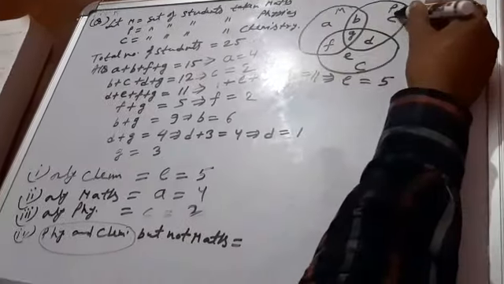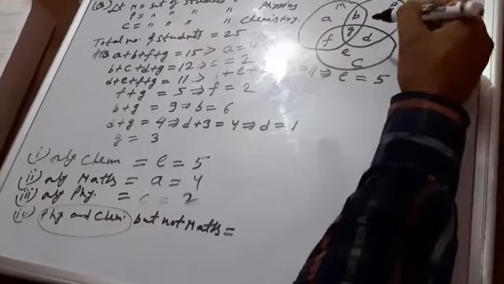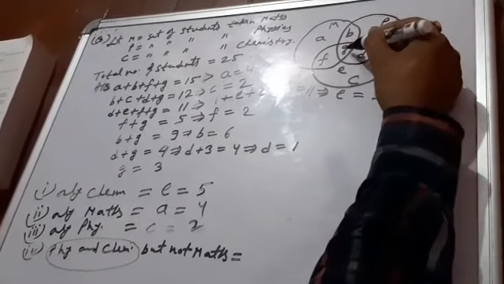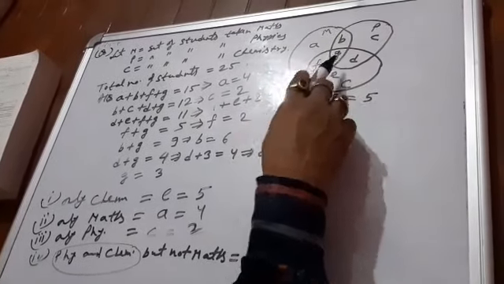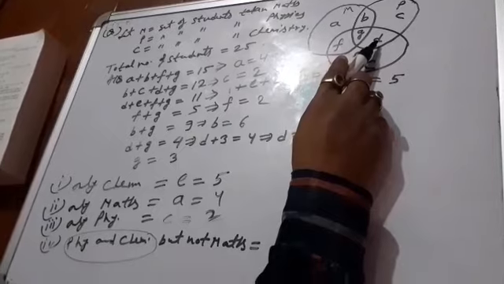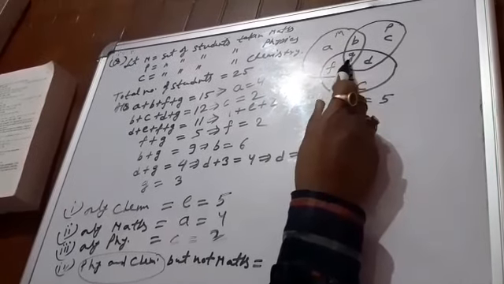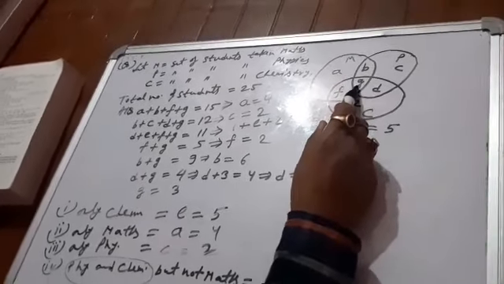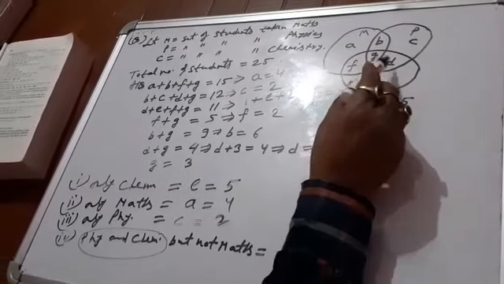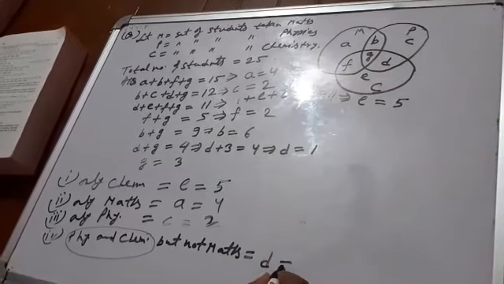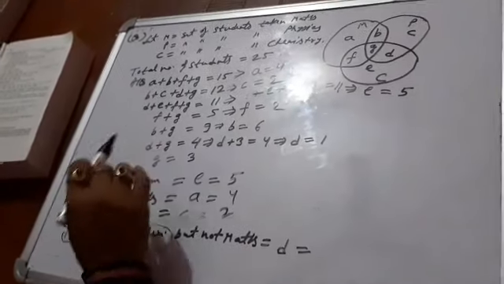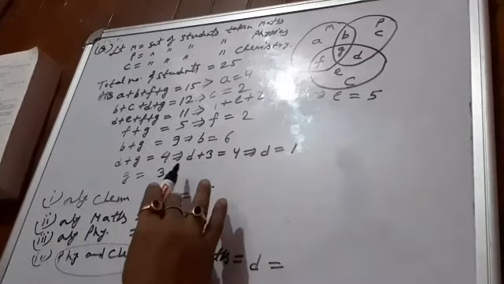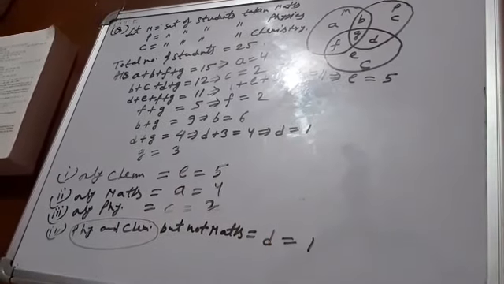So physics and chemistry, out of these two, is G plus D. Have you seen? But it is given here not maths. Means out of G and D you are going to remove G because G is the portion which is also in M, maths. So in that case it is your D. Understood? Okay, physics and chemistry but not maths, D. The value of D is 1 student.